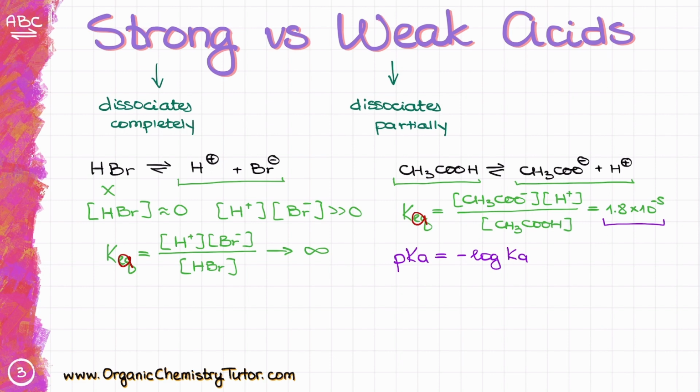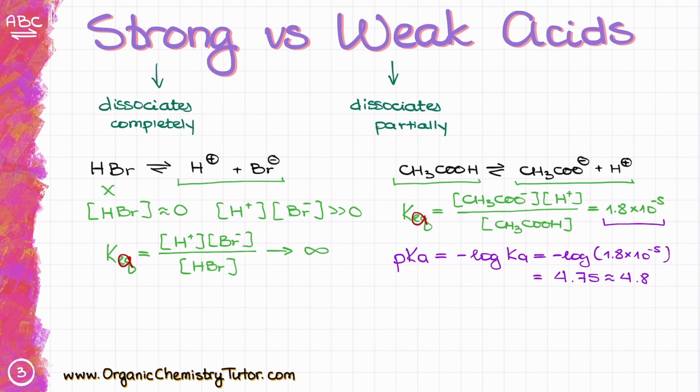In this particular case, if I take the negative log of 1.8 times 10 to the negative fifth power for my acetic acid, I'm going to end up with a number that is roughly 4.75, or I can round it to about 4.8. Well, this is a much easier number to work with, and within the scope of organic chemistry, we are typically going to be operating with the pKa value. So make sure you understand the difference between the equilibrium Ka values and the pKa values for different acids.